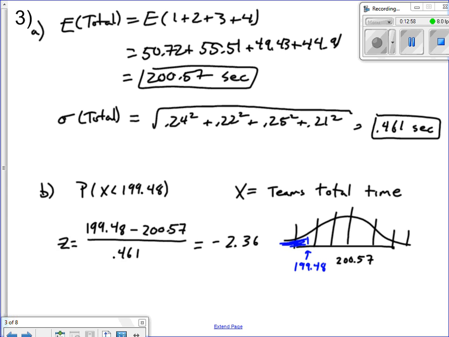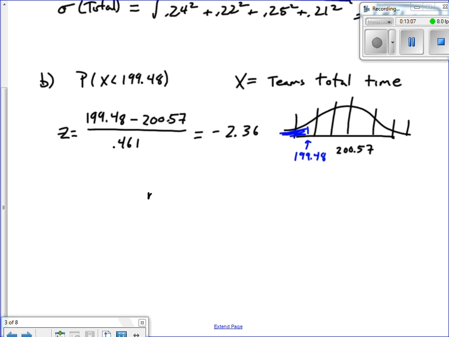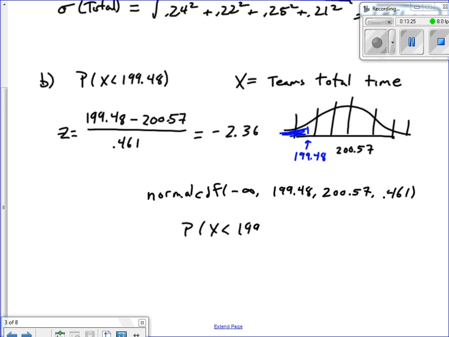So we can run a quick normal CDF to figure out the exact probability. Already, I might be a little skeptical. We're over 2 standard deviations away, but let's run a probability and just see. So normal CDF, going from negative infinity up to 199.48 with a mean of 200.57 and a standard deviation of 0.461. So the probability that this team swims under 199.48 seconds is 0.009.